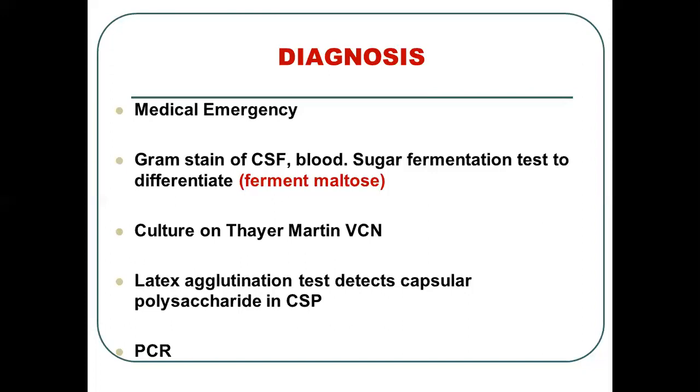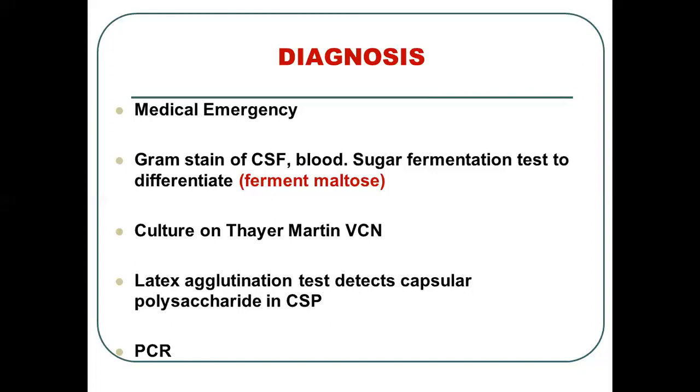So we culture this microorganism onto what is called Thayer-Martin medium. It is a modified form of chocolate agar in which we incorporate three different antimicrobial drugs to inhibit the growth of other microorganisms and to facilitate the growth of the Neisseria organism. Now, the latex agglutination test is the test of choice, and we can use it on CSF to identify the disease; it detects the capsular polysaccharide antigen in the CSF.